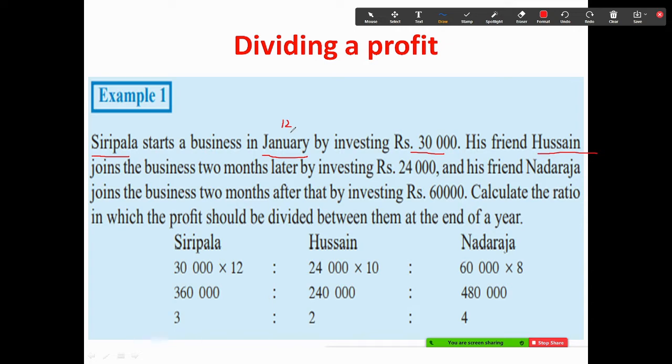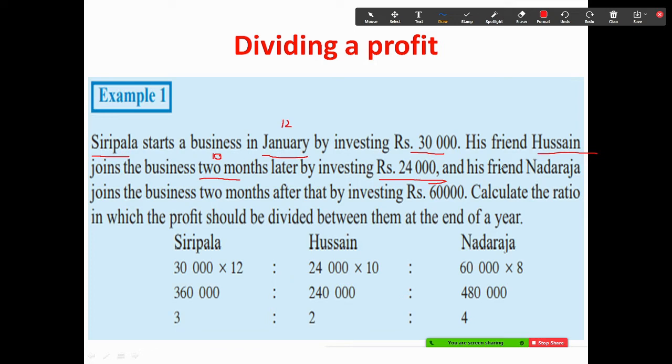Joining 2 months later means his money was in the business only 10 months. His amount of investment is 24,000. He put 24,000 into the business.